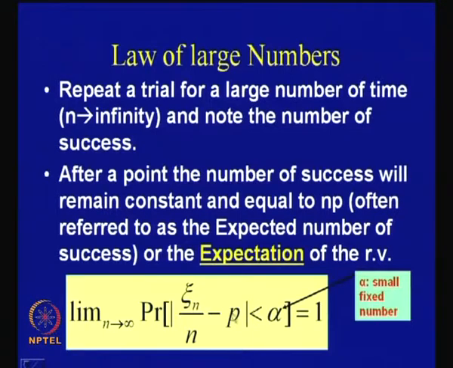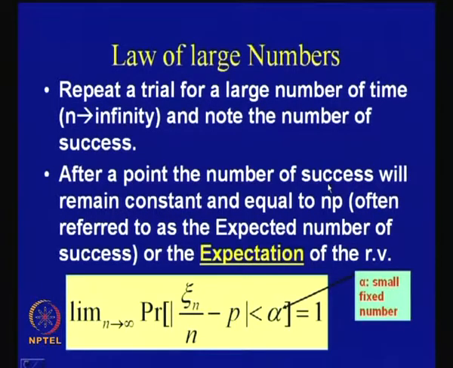This is the law of large numbers, which says that if you repeat the experiment a large number of times, then the number of successes will be found by computing the expectation of the random variable. So the expectation gives us an estimate of the number of times a success will occur if I repeat the experiment a large number of times.